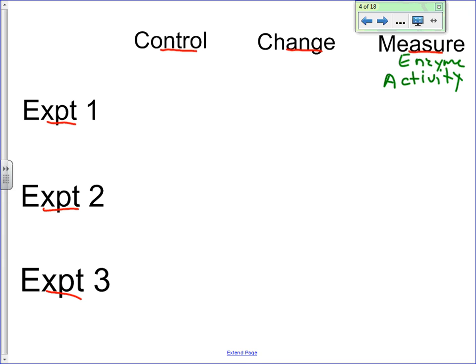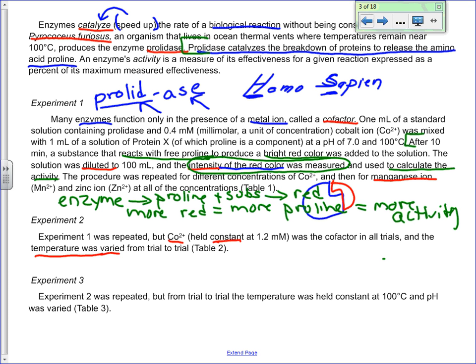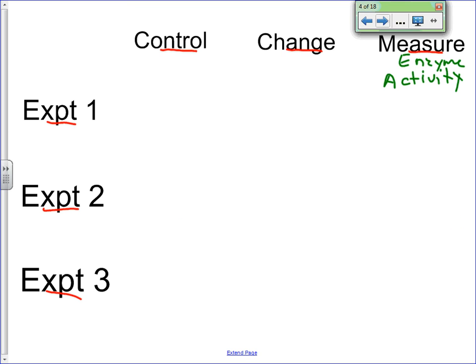Can it be the different concentrations of metal ions? Good, and what do we call those metal ions? Those are referred to as what, that we looked at before, one of our vocab words. Co2+, Mn2+, and Zn2+ were all different what? Cofactors? Yeah, these are all the cofactors. All right, so in this case, we're trying it at different cofactors.